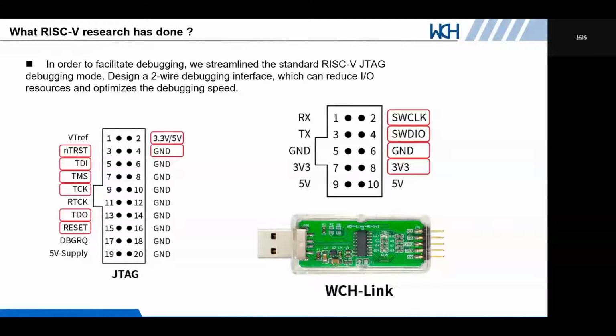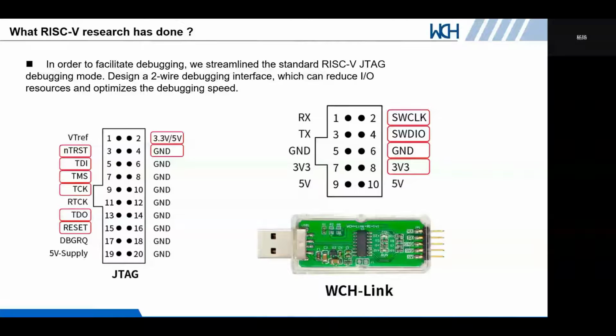In order to facilitate debugging and maximize resource utilization, we streamlined the JTAG debugging interface of RISC-V and introduced two-wire debugging to RISC-V for the first time in the industry. It can reduce I/O resources and take into account debugging speed.